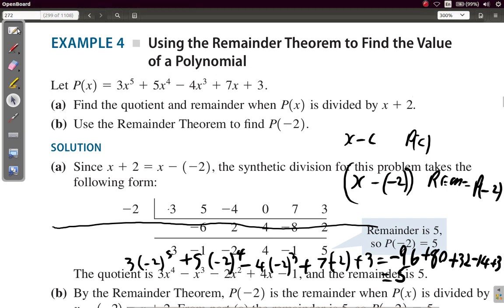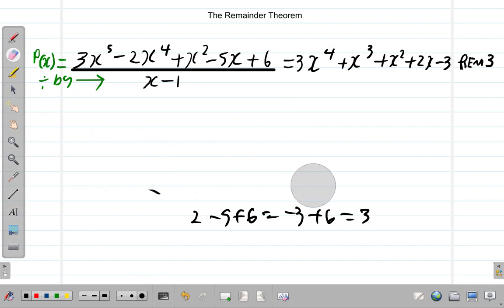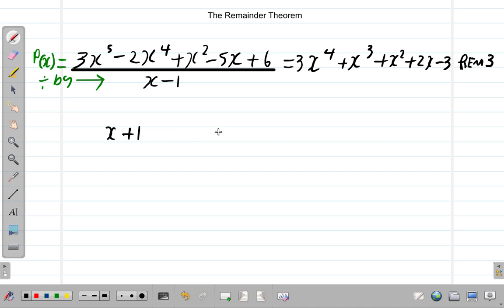Now, remember, if you had a case where you had this polynomial and they say, what is the remainder when it is divided by x plus 1? What you substitute is you're going to make x equal negative 1.